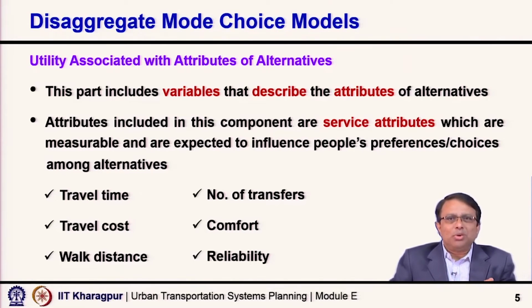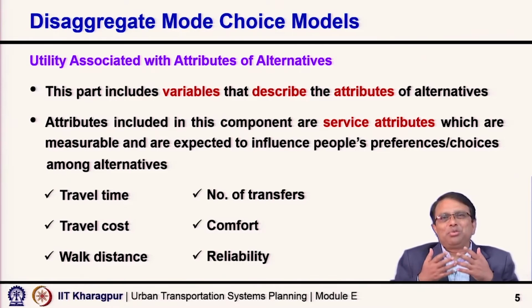Comfort is a qualitative attribute. Safety is a qualitative attribute. Security is a qualitative attribute, right. Not like travel time of 5 minutes, 10 minutes, 15 minutes, right, but they influence the decision.